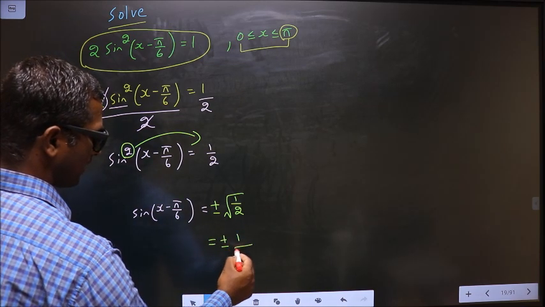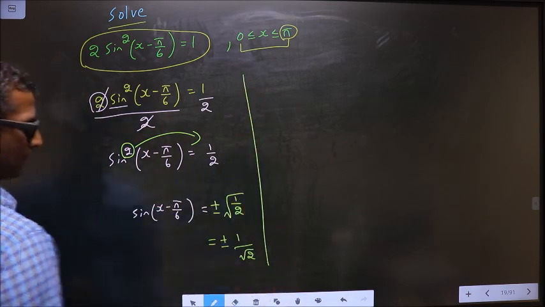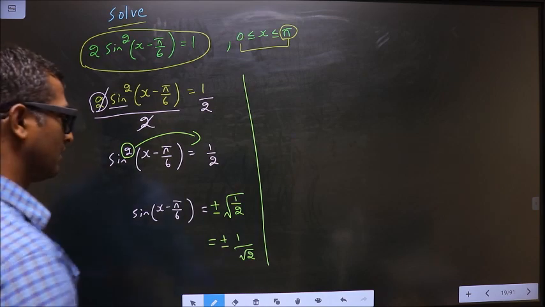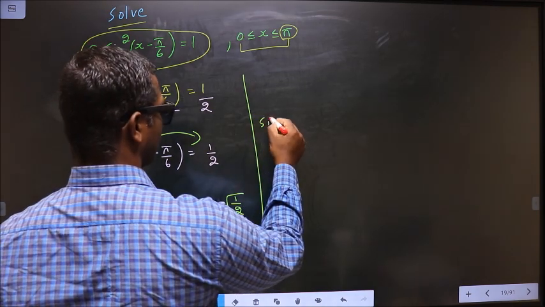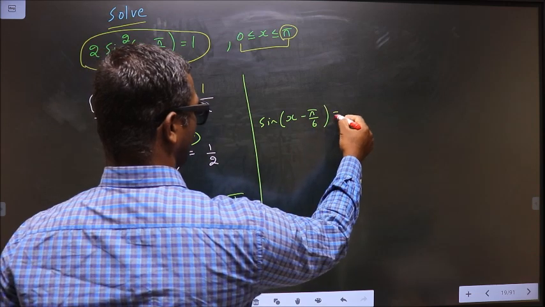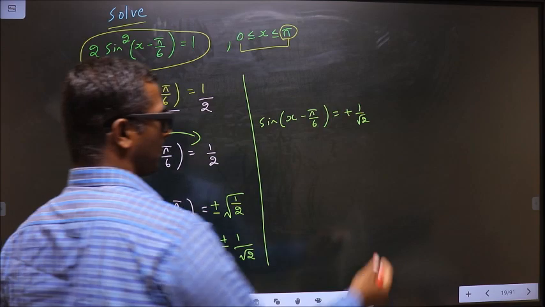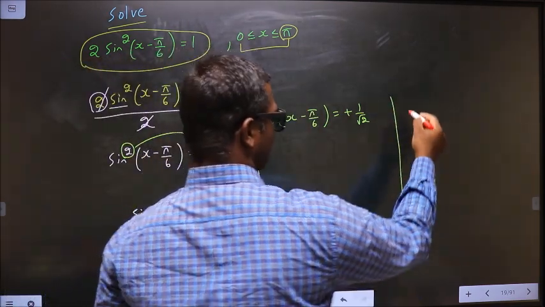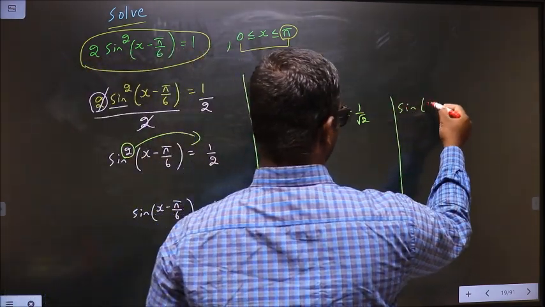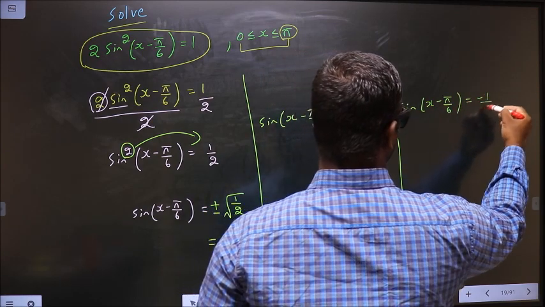The square root of 1 is 1, and 1 by square root 2 will remain. So now we have sin(x − π/6) = +1/√2, and sin(x − π/6) = −1/√2.